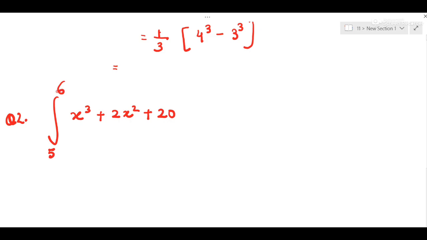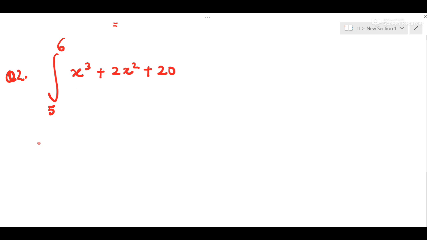So how to do this? This is integrated with respect to x. See, each term, each variable will be increased by 1 power and divided by the increased power, that is, 4.